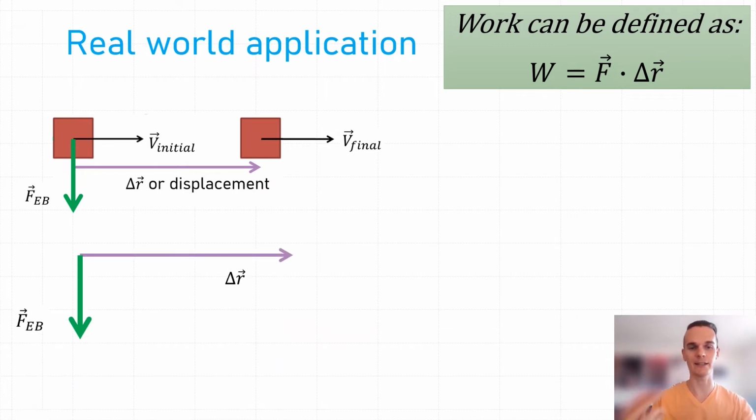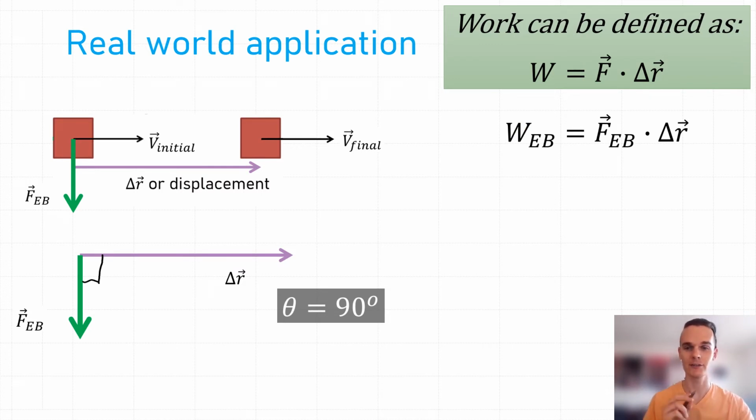In order to take the dot product, we need to know the smallest angle between the vectors when they're placed tail to tail. So the smallest angle between the force vector and the displacement vector when they're placed tail to tail is going to be 90 degrees. So our angle is equal to 90 degrees.